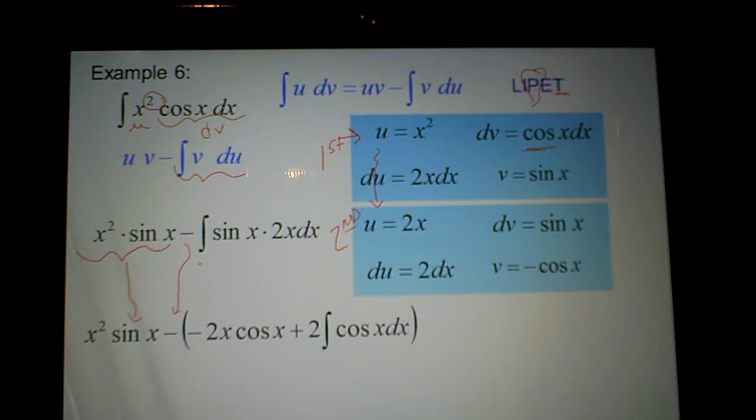These are staying from the first round, and this is the second round of IBP.